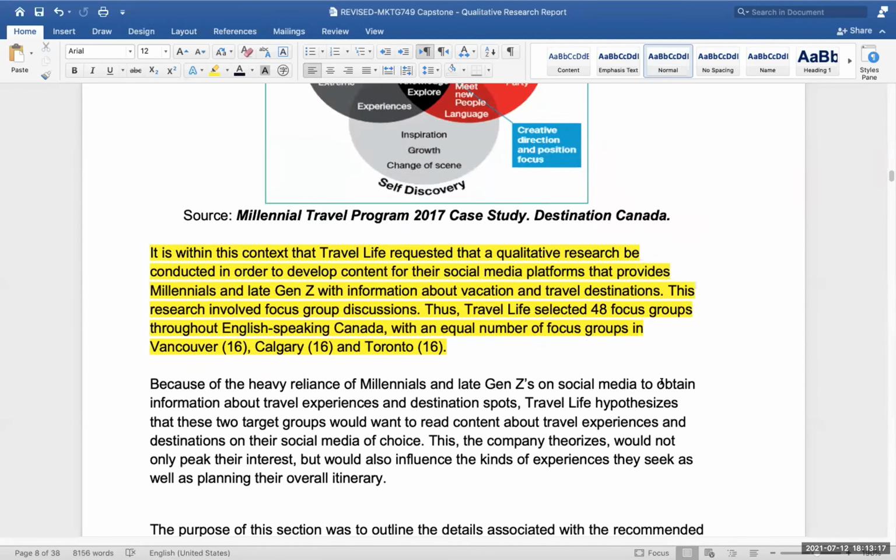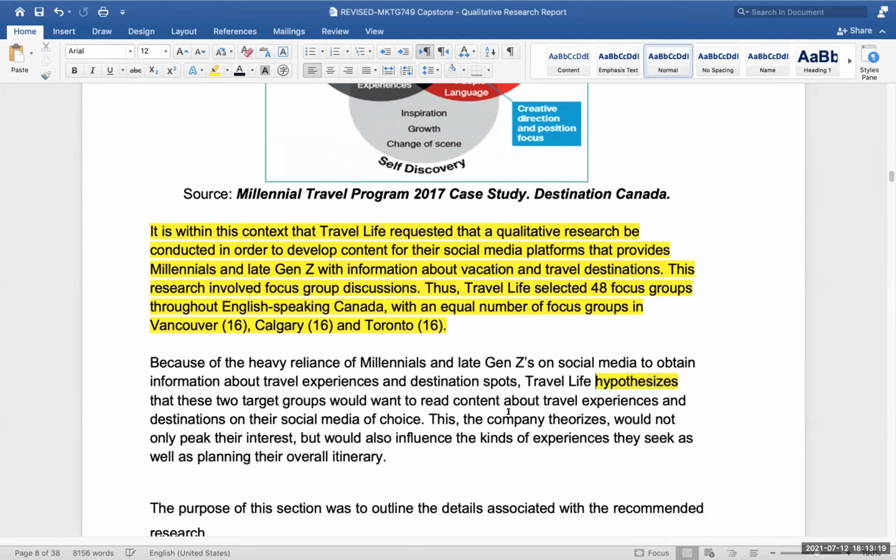So here's the hypothesis now. This is the part that says hypothesis. So Travel Life, which is a magazine, and what usually happens is that the company outsources marketing research. So we were quote unquote the marketing research agents. So Travel Life hypothesizes that these two target groups would want to read content about travel experiences and destinations on their social media of choice. This, the company theorizes, would not only pique their interest but would also influence the kinds of experiences they seek as well as planning their overall itinerary.